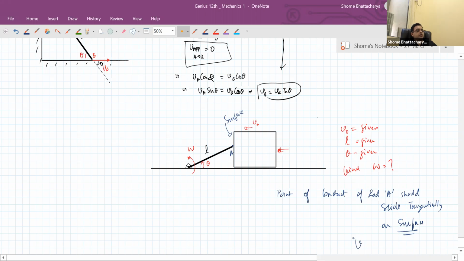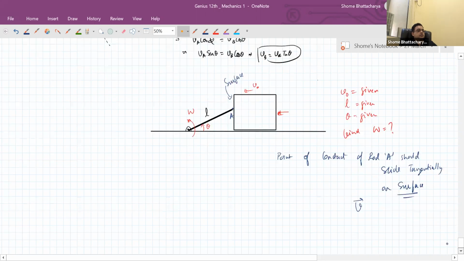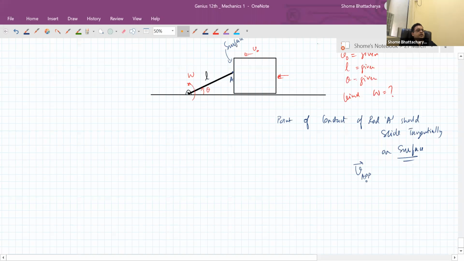So the approach velocity of the point A with respect to the surface should be 0.